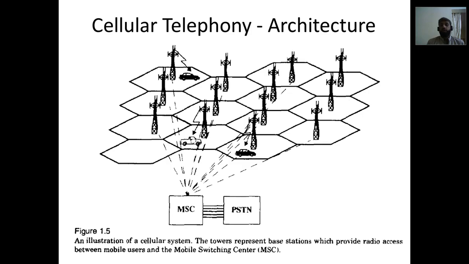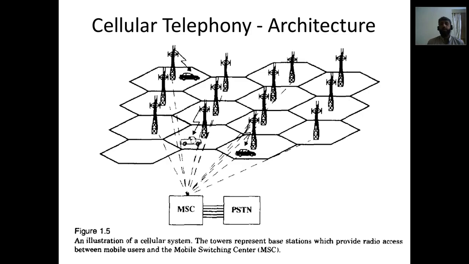So if the distance is relatively large, we can reuse the same frequency. If 800 megahertz is being used in one cell, we can use the same frequency in another cell, and so on. Eventually this frequency reuse concept allows us to increase the overall capacity of the network.